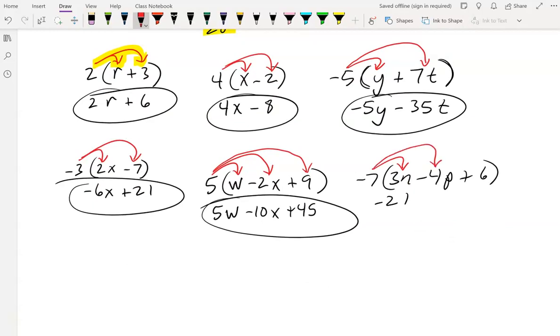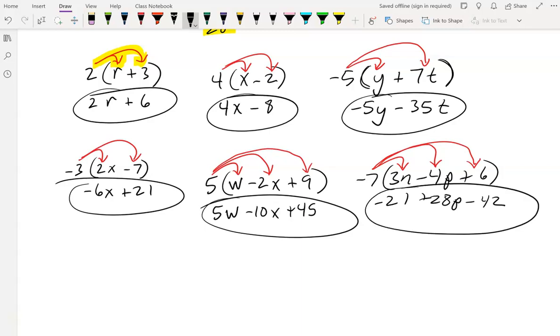Negative 7 multiplied by negative 4, negative times negative is positive 28p, and then negative 7 multiplied by positive 6, negative times positive is negative 42. All right, well, there we have it. Let me clean that up a bit. There we go. And we are done with that one.